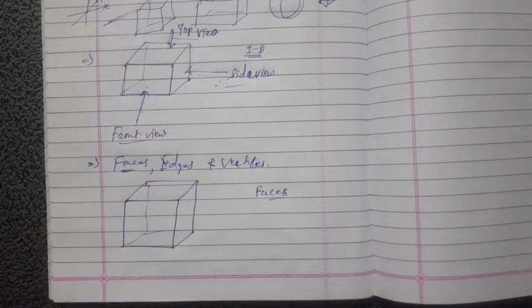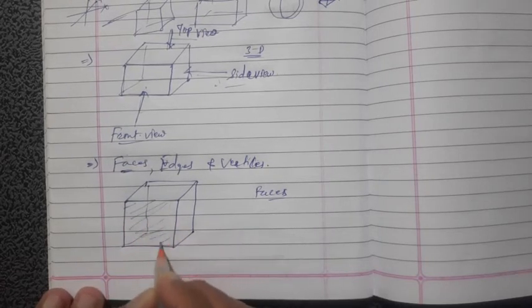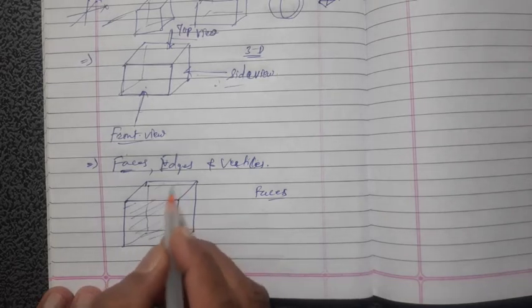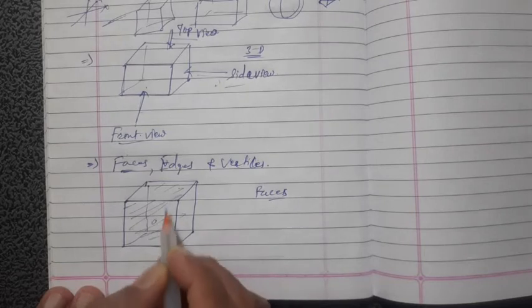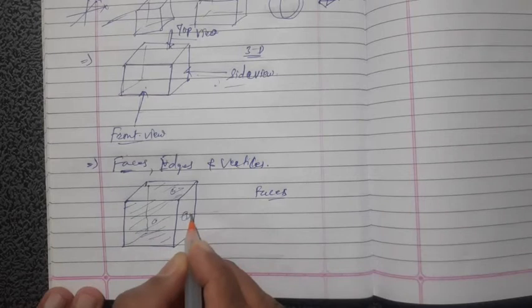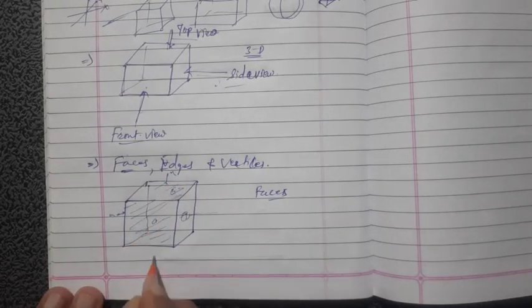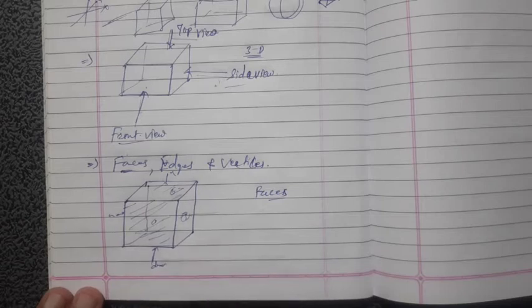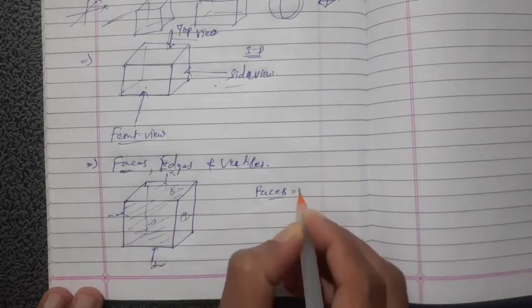How many 2D shapes are there? Look, this front side is a square. The back side is also a square. So 1 front side, 2 back side, 3 right side, 4 left side, 5 top side and 6 down side, that is the base. So 6 faces are there.